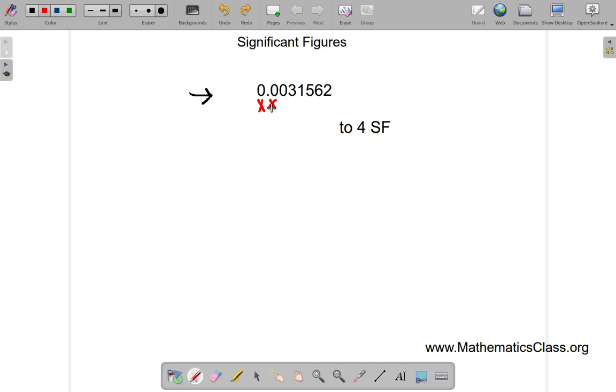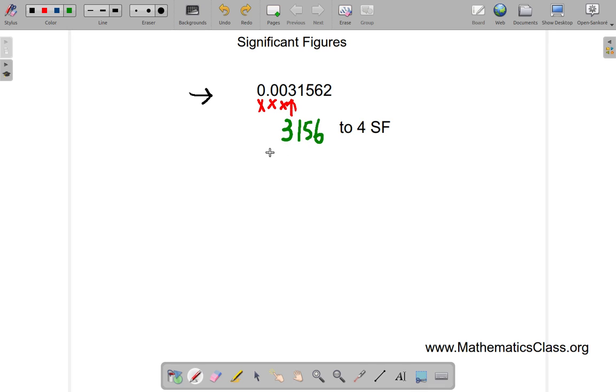This is not a significant figure. You haven't met any non-zero digits yet. This is not a significant figure. The first non-zero digit that you see is 3. So 3 is the first significant figure. Then the second, then the third is 5, then the fourth is 6. And you say that is to 4 significant figures.